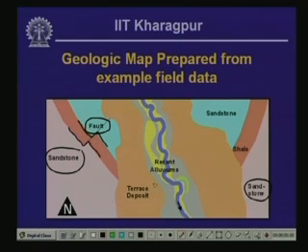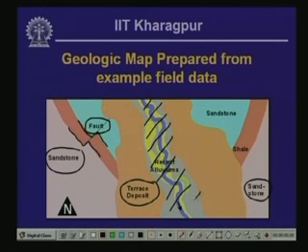Then the older deposits dating back to the Pleistocene have been identified here as a terrace deposit, and then the recent deposits are shown in this particular area, comprised of channel deposits, channel sands.